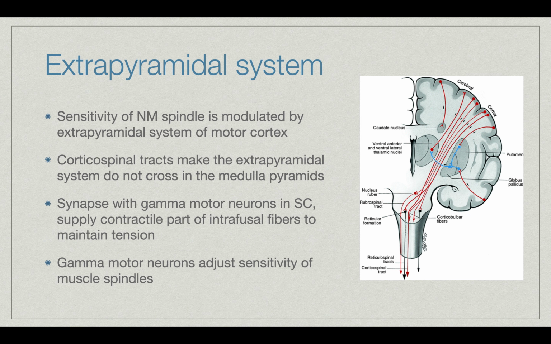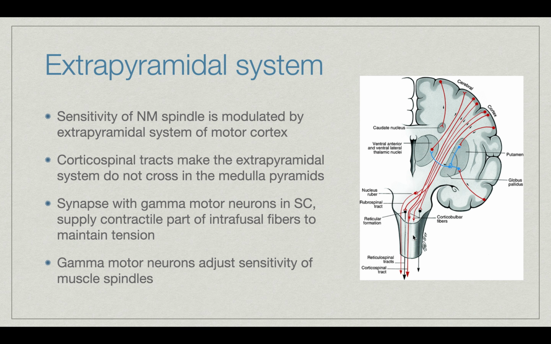Okay, so the extrapyramidal system is in the cortex of the brain. The sensitivity of the neuromuscular spindle is modulated by the extrapyramidal system of the motor cortex, and the corticospinal tracts made by the extrapyramidal systems do not cross the medulla pyramids, they just go straight down.